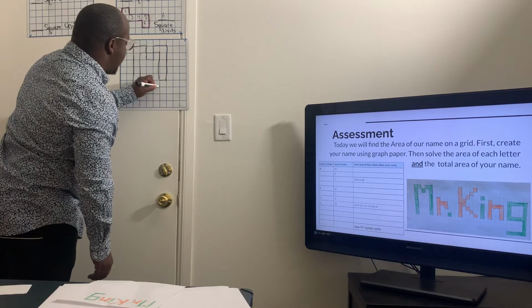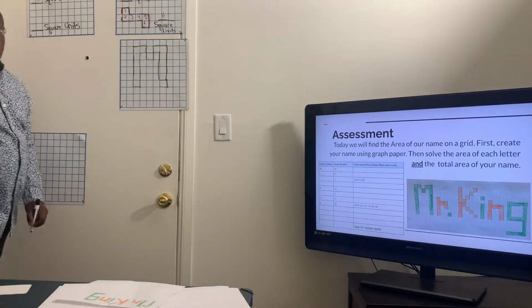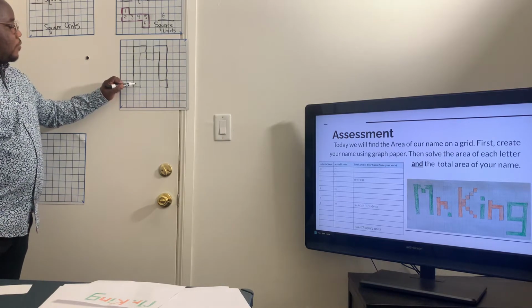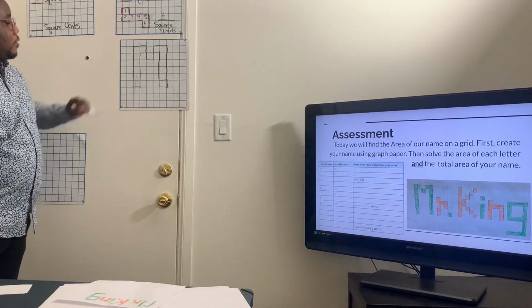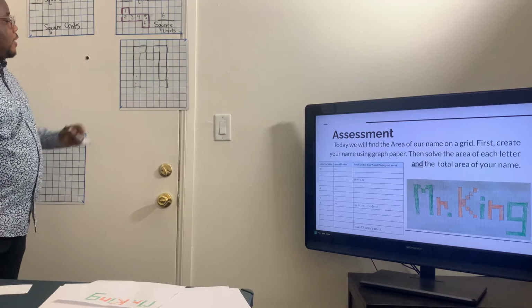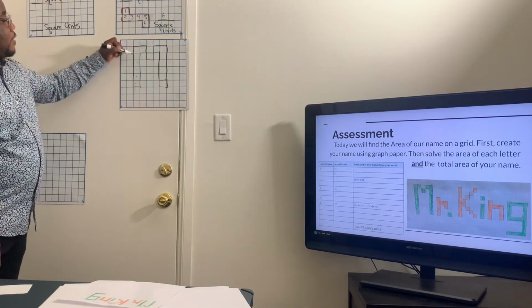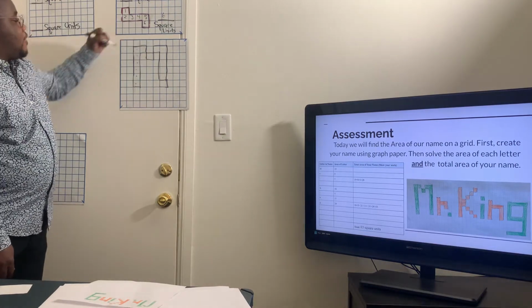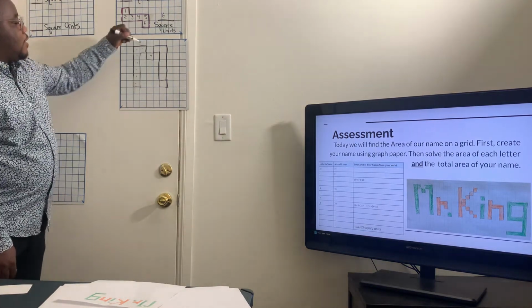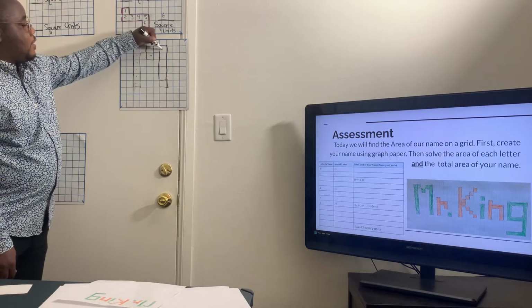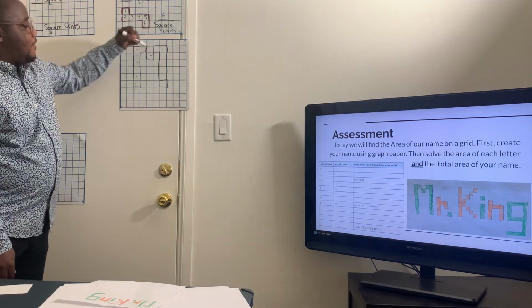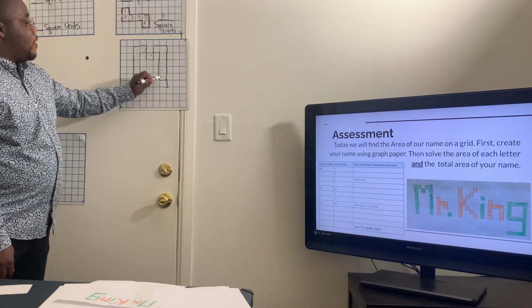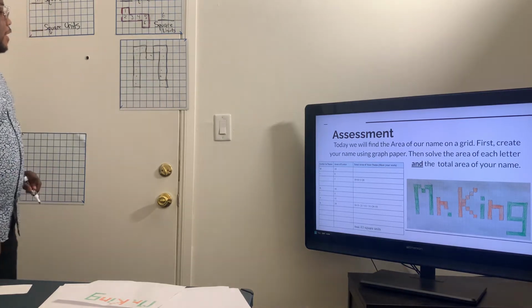So here's my letter M, okay? So let's count, guys. How many boxes? 1, 2, 3, 4, 5, 6, 7, 8, 9, 10, 11, 12, 13, 14, 15.